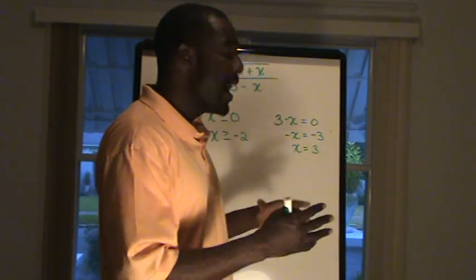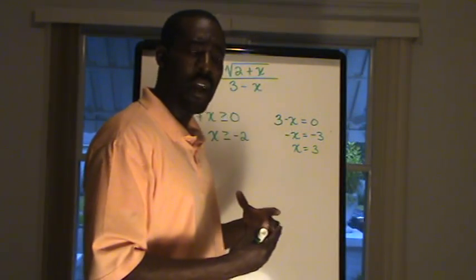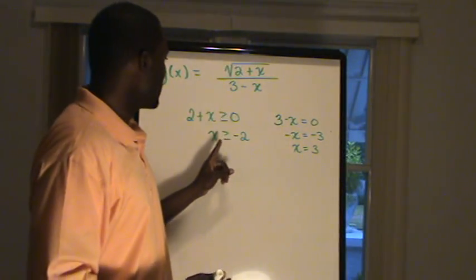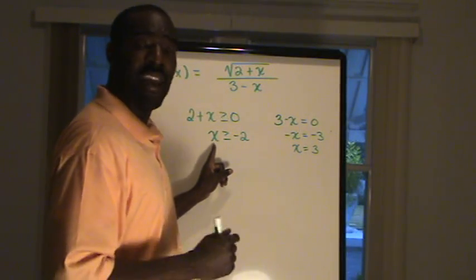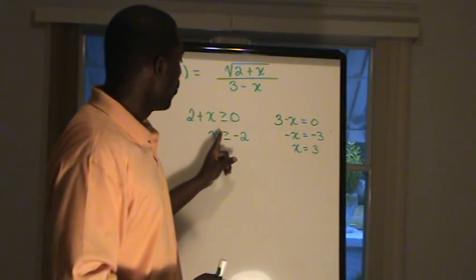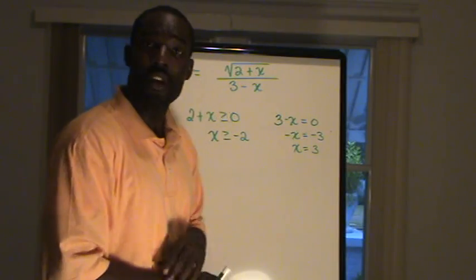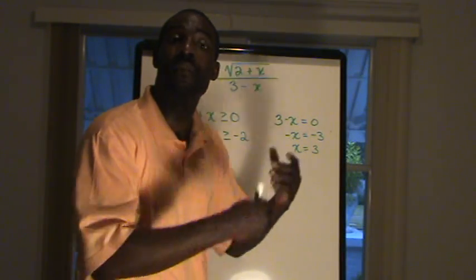But now we've got to tie in some facts here. The numerator says that the only values of x that you can use will be those greater than or equal to negative 2, and we've got to honor that.